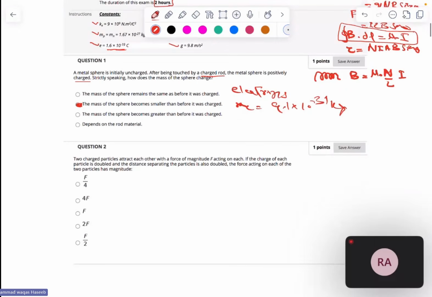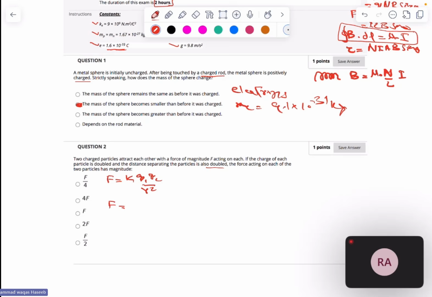Next question is, two charged particles attract each other with a force F acting on them. If the charge of each particle is doubled and the distance separating them is also doubled, what is the force acting on the two particles? So now we apply Coulomb's law, Q1 Q2 over r squared.